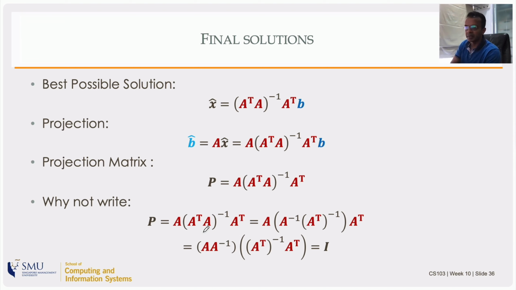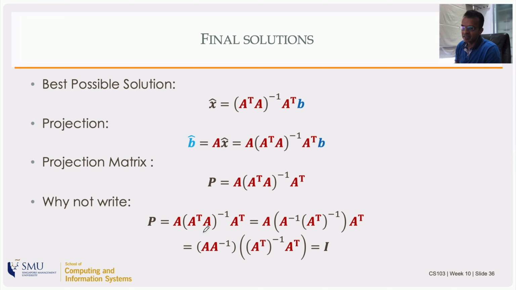If A happened to be square, what would that mean? And invertible. It would mean Ax equal to B is solvable, and A's column space is all of Rn. Projection of an n-dimensional vector to Rn is actually the vector itself, and P is just the identity matrix, because you're projecting a vector into its coordinate space and you get the vector back.